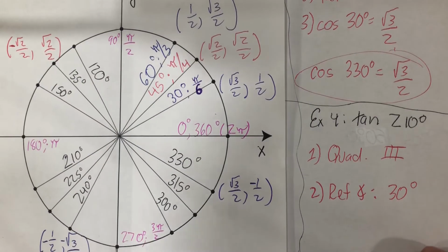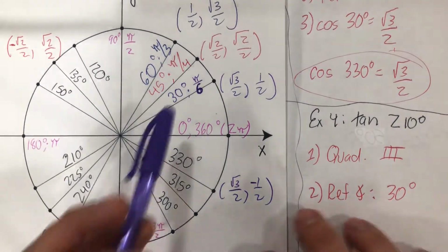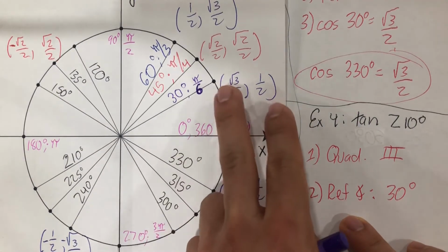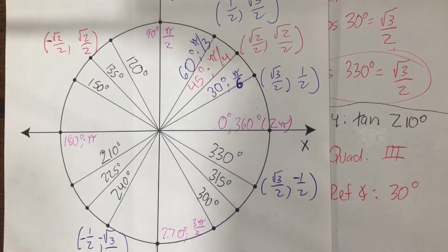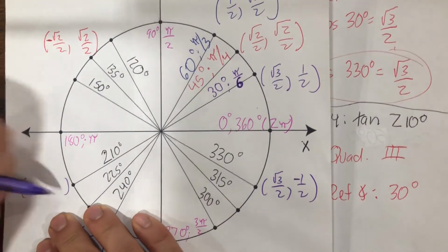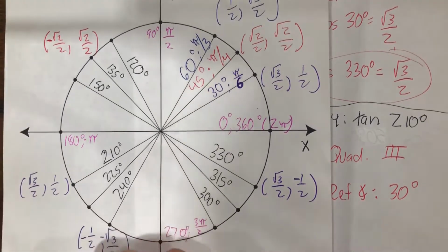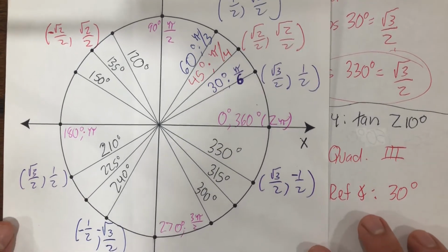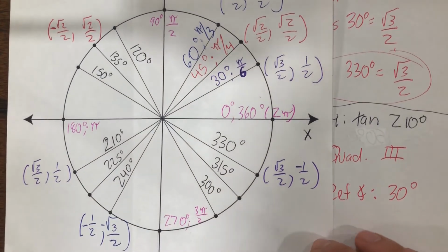So now what I can do is use a copy and paste format for my 30 degree angle measurement. So I'm going to take this X and Y coordinate and copy and paste it to the same spot as 210 degrees. So I have over here root 3 over 2 comma 1/2. Now since the third quadrant, we're looking at the left side of the x-axis and the downward direction on the y-axis.